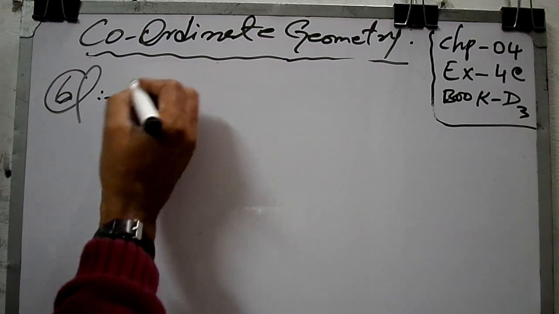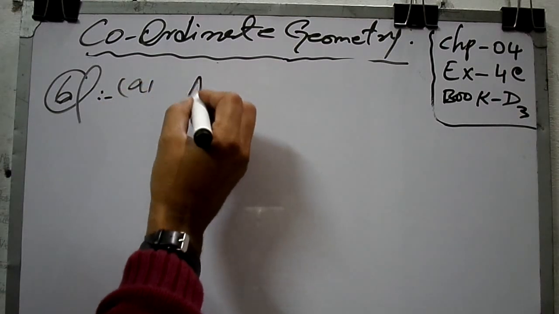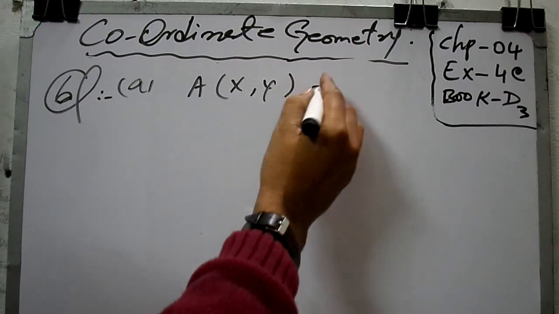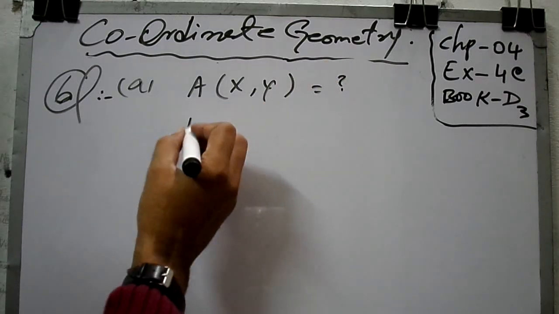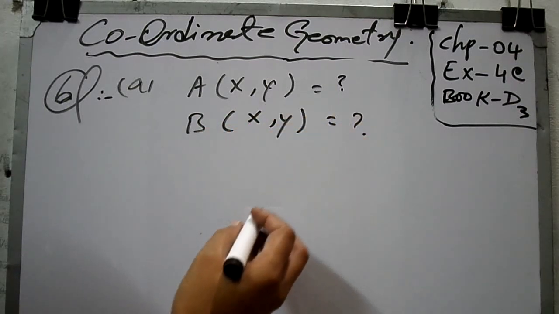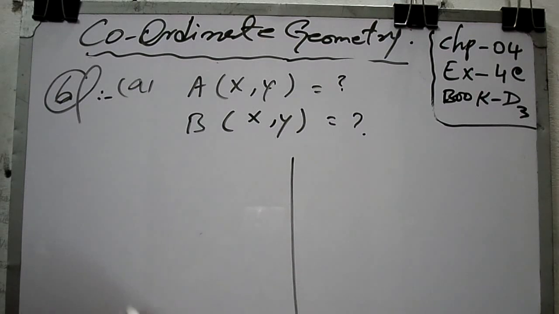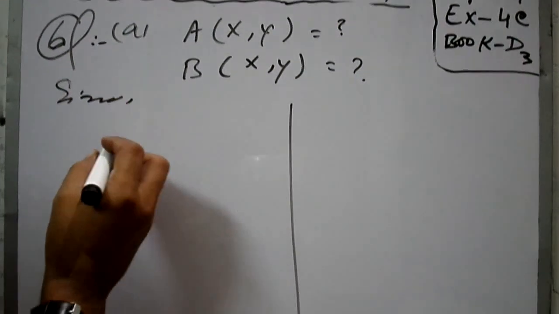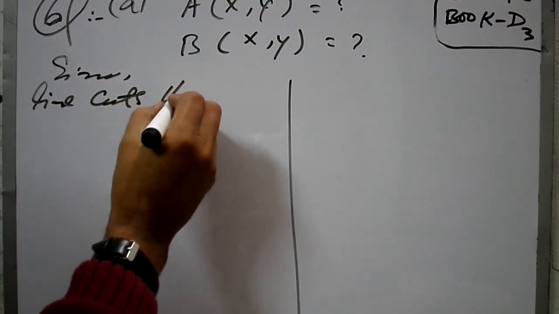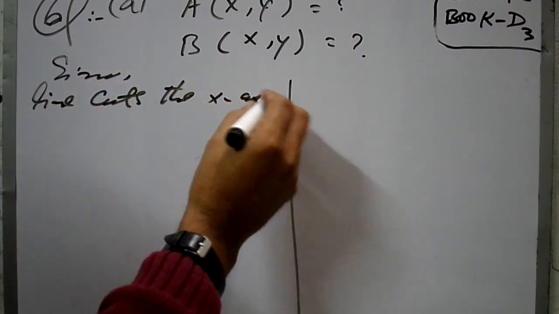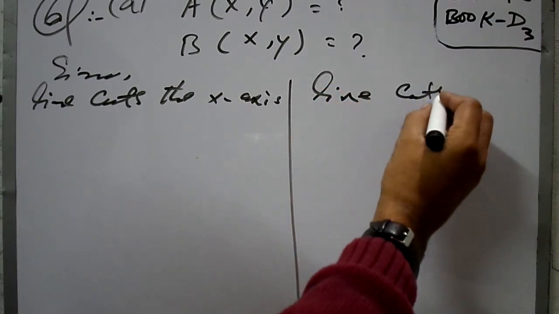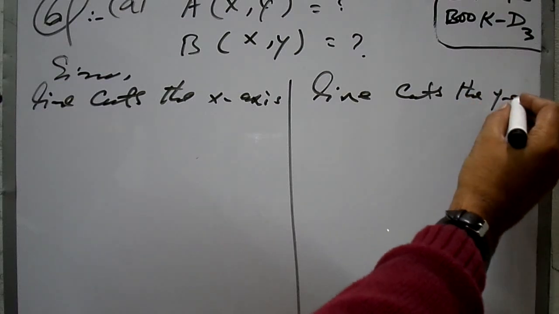Okay, it means in A part we have to find x, y, and second, B is x, y, we have to find the coordinates. Since you can see here, the line cuts the x-axis, and here the line cuts the y-axis.